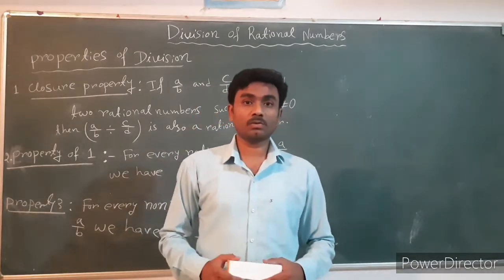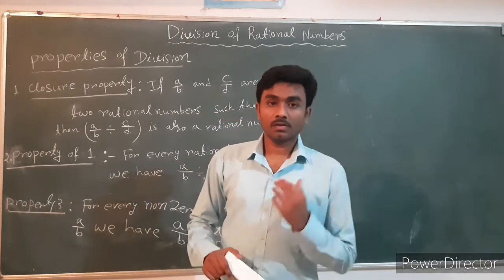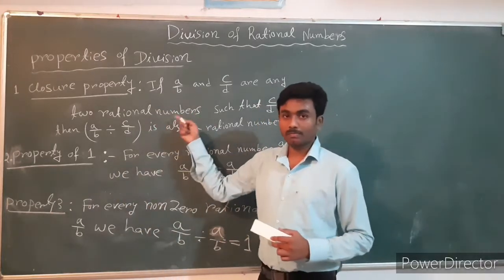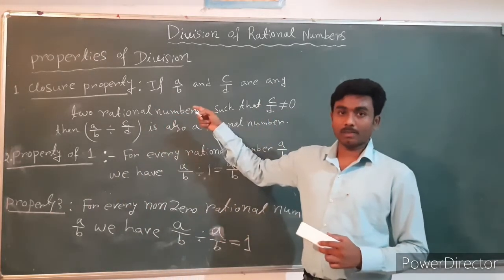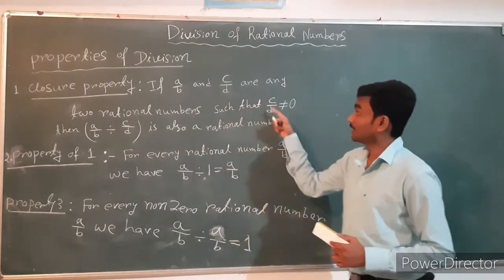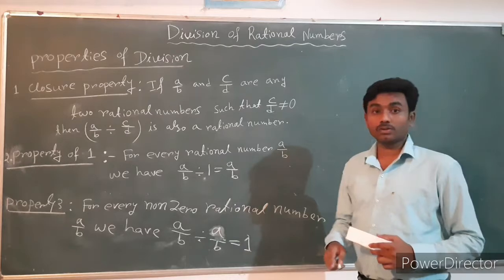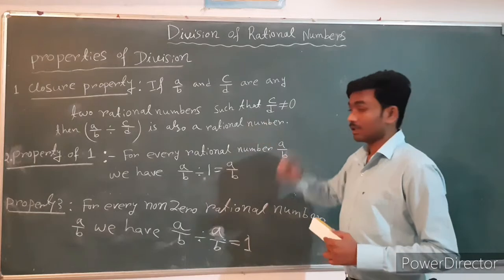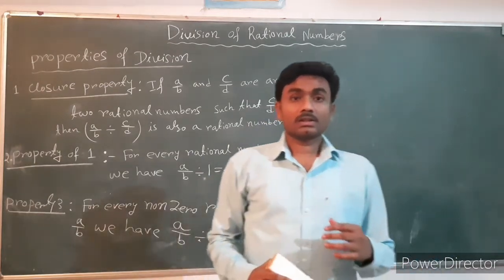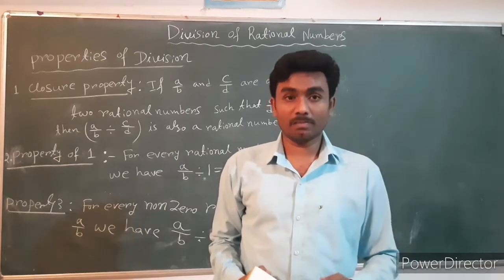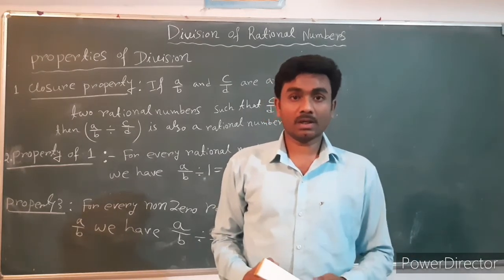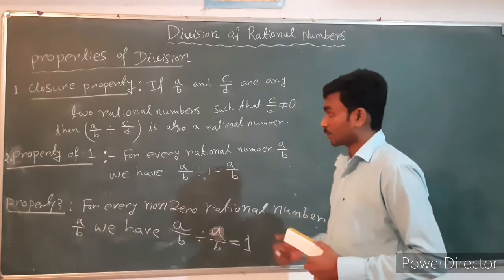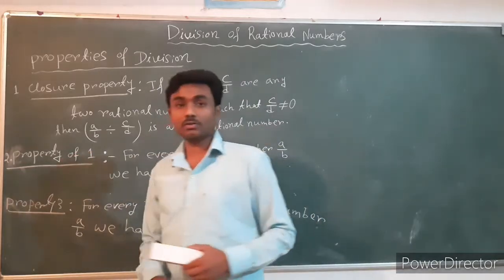Next, we discuss properties of division. First property, closure property. If a by b and c by d are any two rational numbers such that c by d is not equal to 0, then a upon b divided by c upon d is also a rational number. That is, the division of any two rational numbers is always a rational number where the divisor must not be equal to 0. Second property, properties of 1.